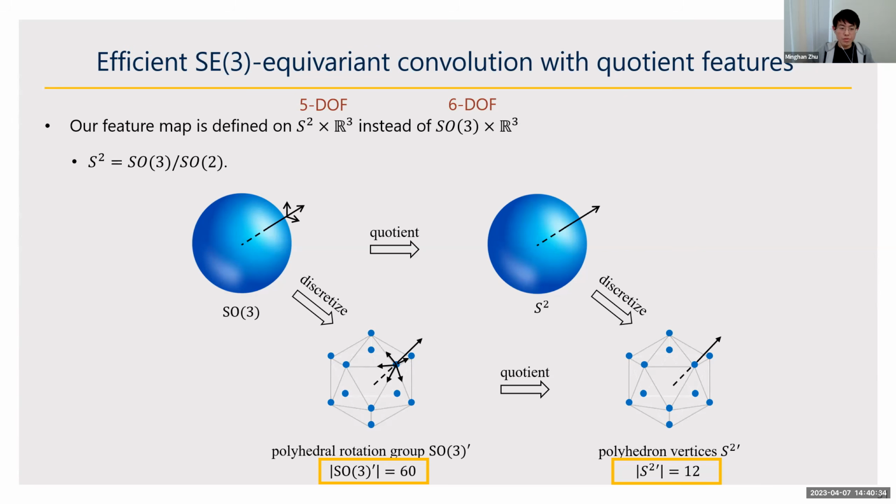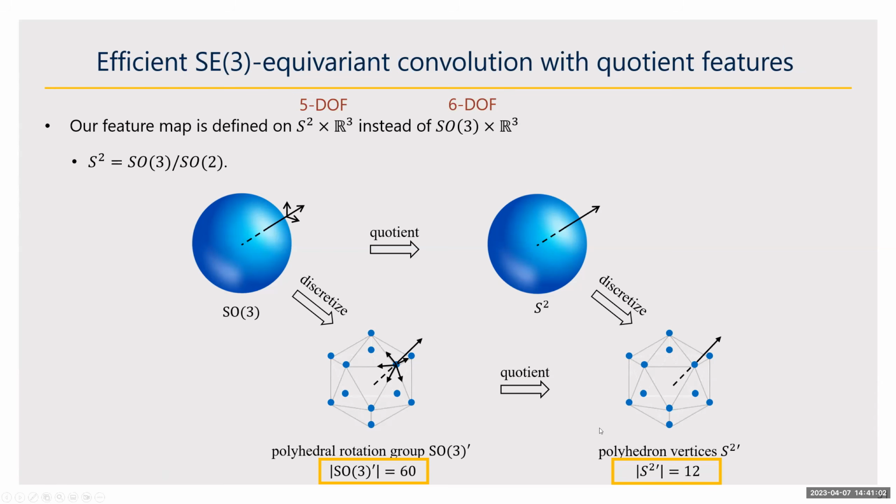Here, the choice of the quotient space by SO2 is intuitive. Basically, if you look at the ball, to describe the symmetry of the ball, we only need the ball itself. We do not need the ball and the rotations around the ball. So that's the idea.